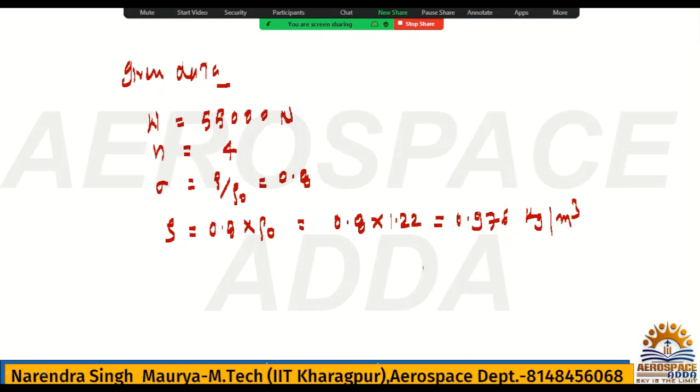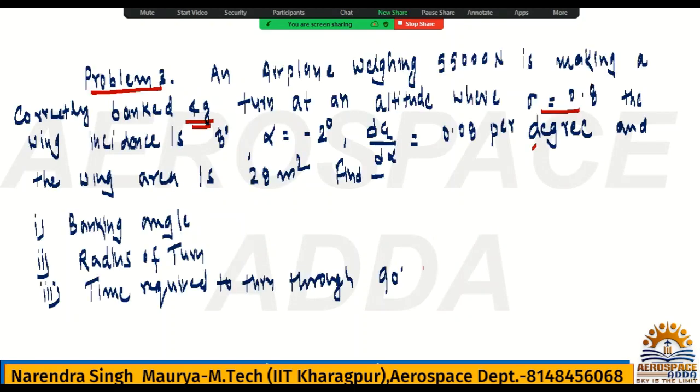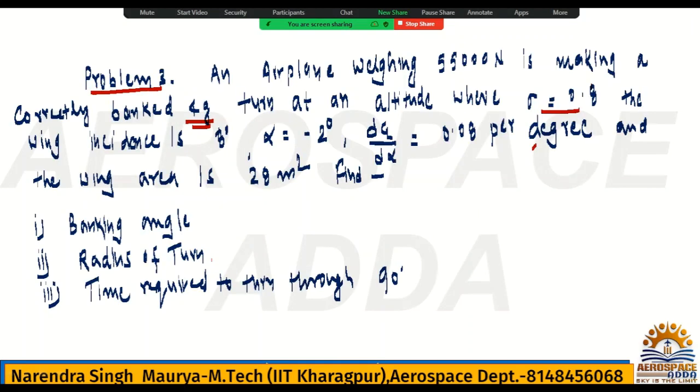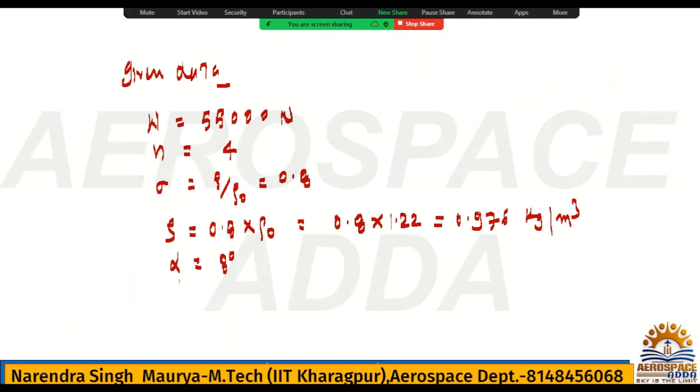Okay, fine. Then the wing incidence alpha they have given 8 degree. So I must write alpha they have given 8 degree. Okay, and 2 alpha value they have given. So you can say this is nothing but, because this value is higher, alpha 2, and alpha 1 you can consider it is negative value.